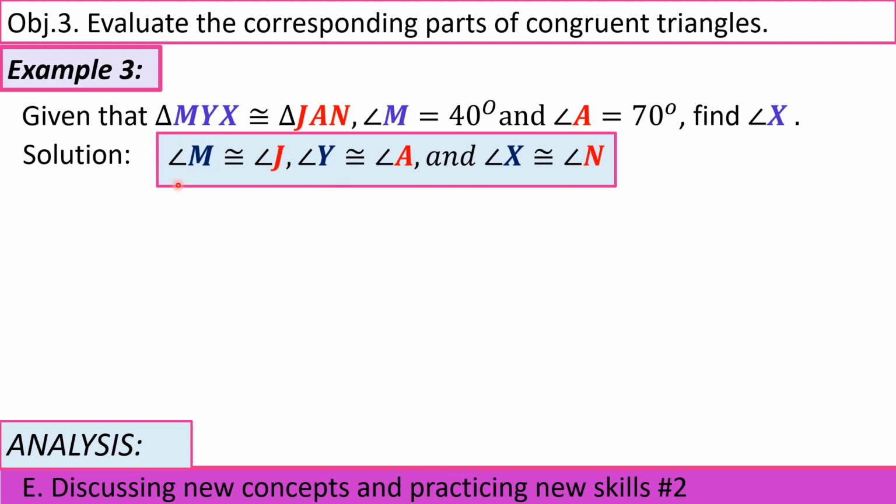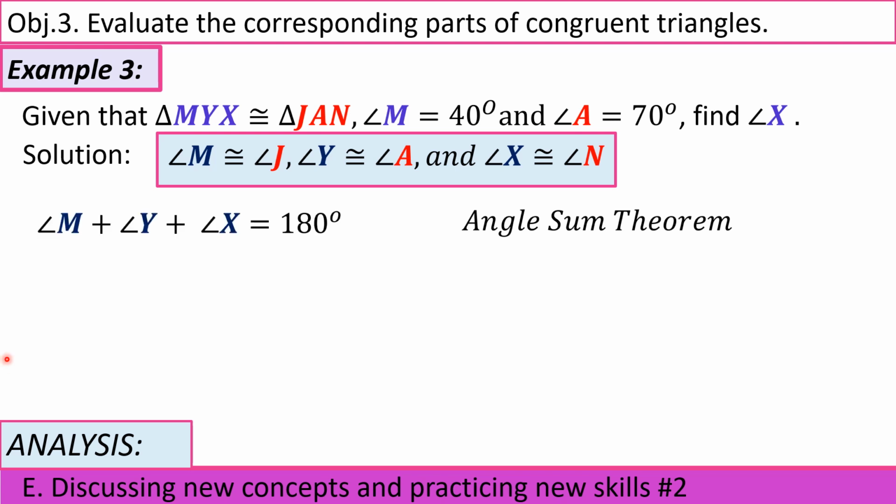So we have here angle M is congruent to angle J. Angle Y is congruent to angle A. And angle X is congruent to angle N. Now, applying the angle sum theorem, we have angle M plus angle Y plus angle X is equal to 180 degrees.